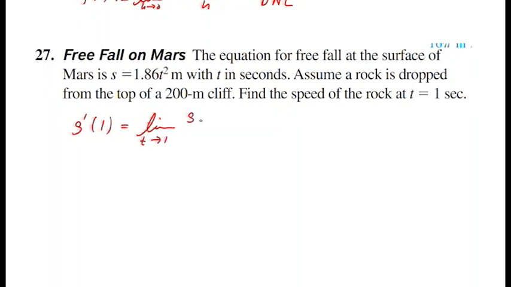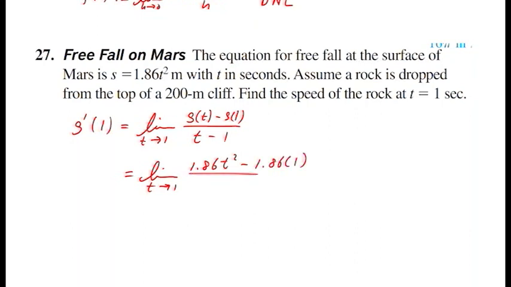And then we have t minus 1, and then s of t minus s of 1 is how you evaluate the alternative derivative. Okay, and your s function is 1.86 t squared minus 1.86 times 1^2. You don't have to show me times 1.